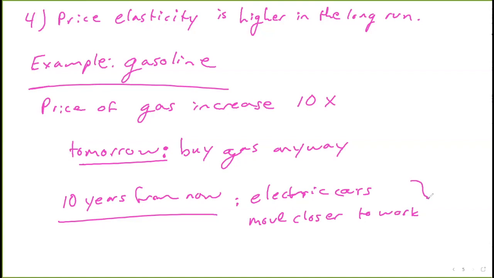And so in the long run, there's all these other ways you can reduce consumption. So that's why we say in the long run, it's easier to find a substitute for the good. And so the price elasticity is higher in the long run.